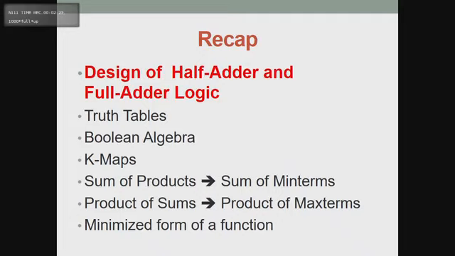Now, all these tools, it's like a toolbox, as I mentioned yesterday. We've learned all these tools, how to use K-maps, the Boolean algebra theorems. We've learned about truth tables, the minimized forms of the function and so forth, right?